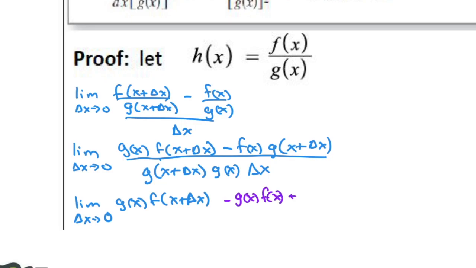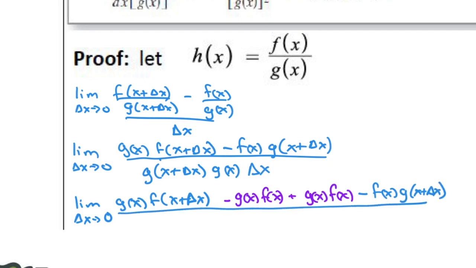But of course, we'll also add g of x times f of x. So with that small addition of nothing, we are going to be able to complete our proof. Now, should you be able to figure out on your own what to add? No. Once again, you must just learn to appreciate what other mathematicians have proven for us.